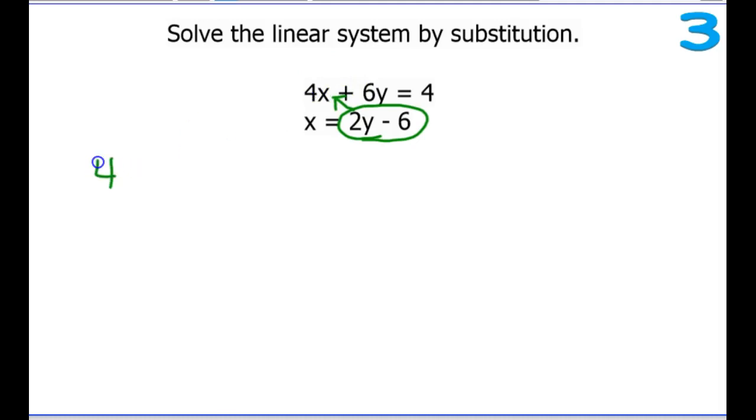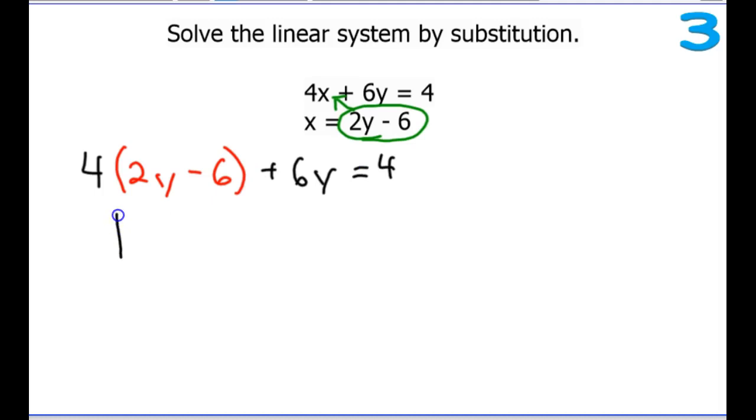So we have 4 times 2y minus 6, oh sorry, not equals, plus 6y equals 4.